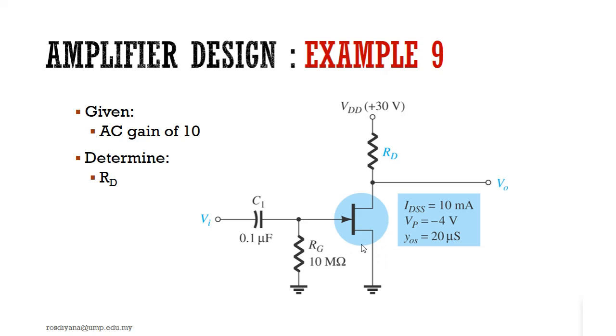The given information is an AC gain of 10. The question is to determine RD. You can see in this circuit there is no value for RD, but we have IDSS of 10 milliampere, VP of negative 4, and YOS equal to 20 microsiemens.